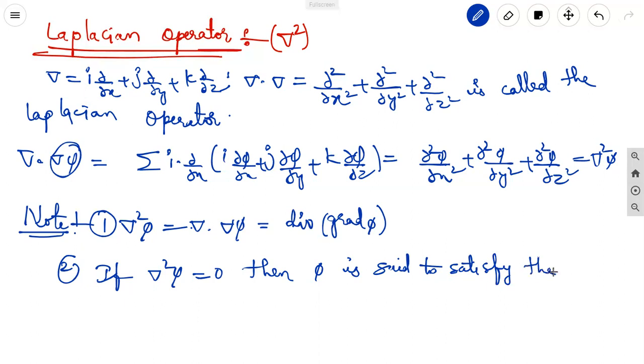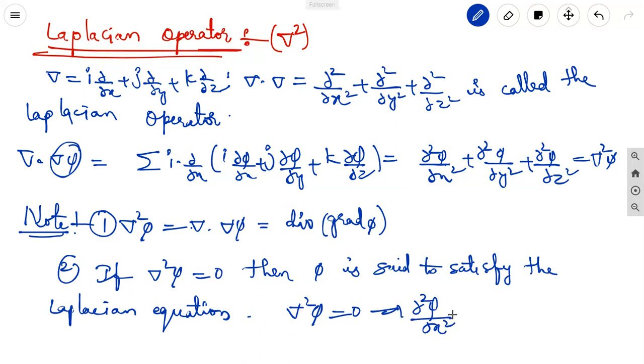The Laplacian equation is dou square phi by dou x square plus dou square phi by dou y square plus dou square phi by dou z square equal to 0, that is del square phi equal to 0.